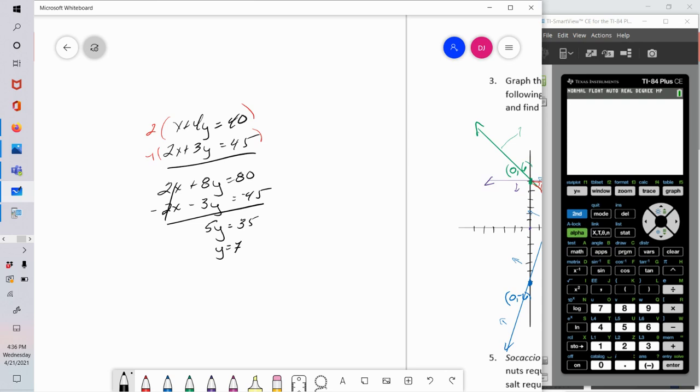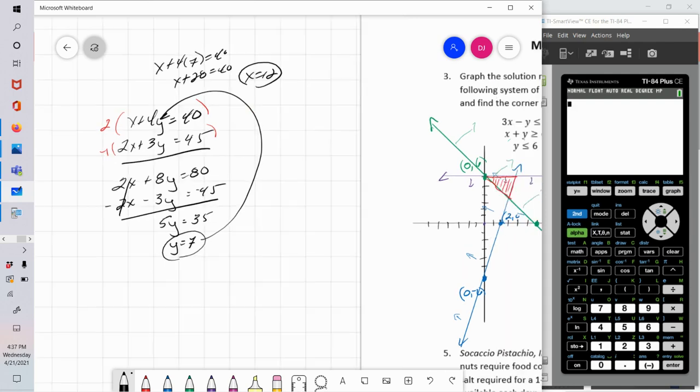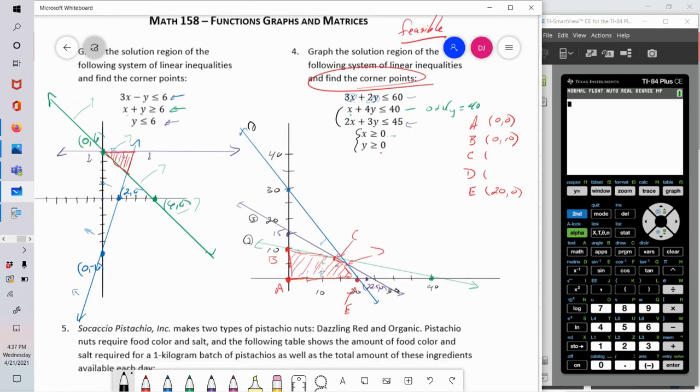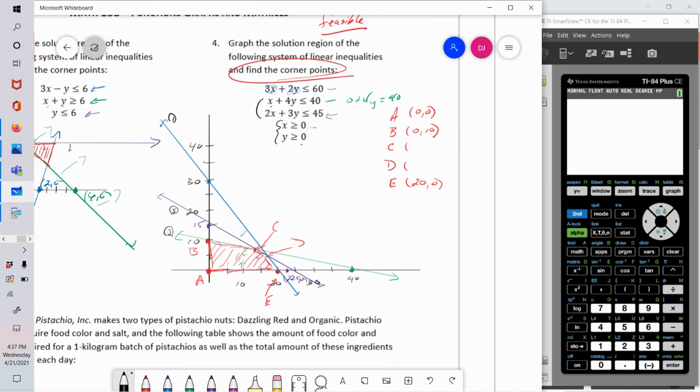Now if y is 7, we take that 7 and plug it into x plus 4y equals 40, so x plus 28 equals 40, so x equals 12. So this point right here, point C, is the point 12, 7.